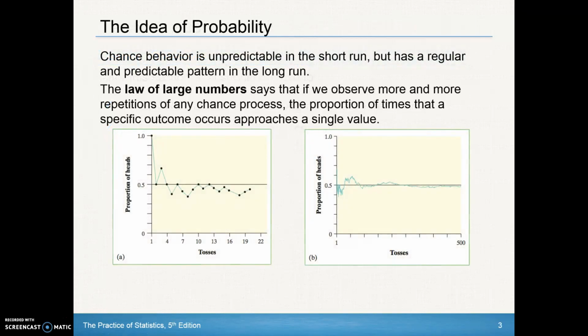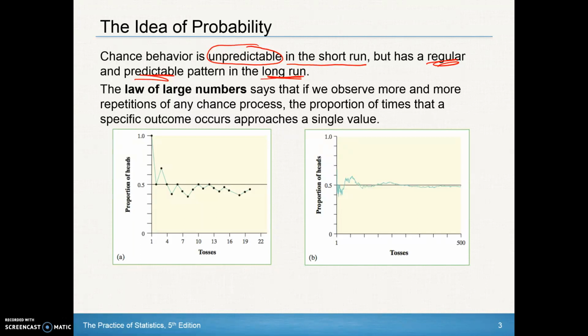So the idea of probability is that chance behavior is unpredictable in the short run. So again, in the short run, it is unpredictable, right? But it has a regular and predictable pattern in the long run. I always like to think about flipping a coin. Probability dictates that you should get heads 50% of the time.